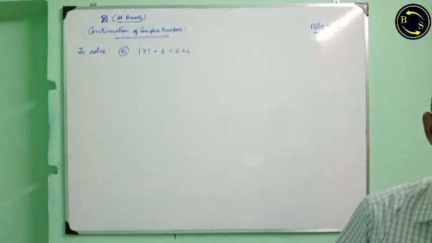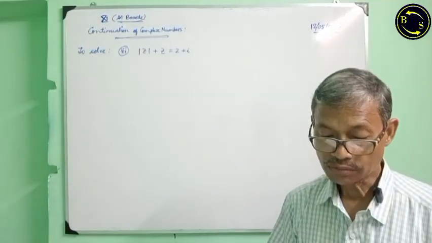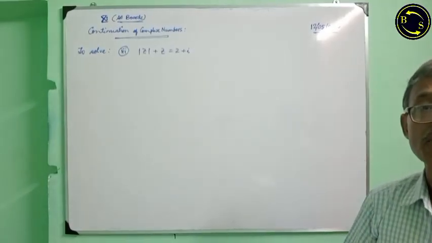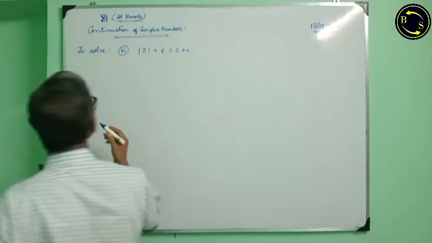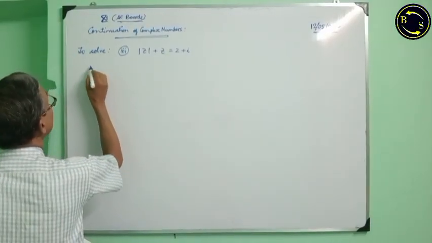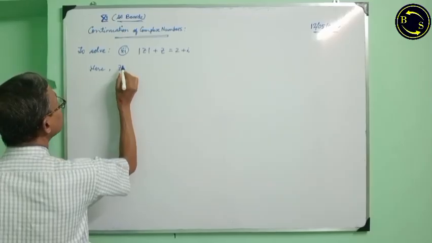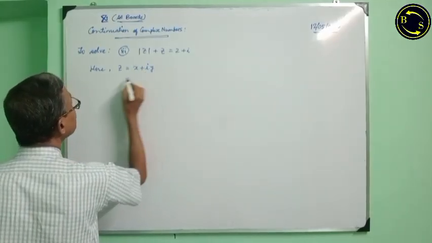Mod z plus z is equal to 2 plus i. We have to solve this equation. Here, of course, z equal to x plus iy.